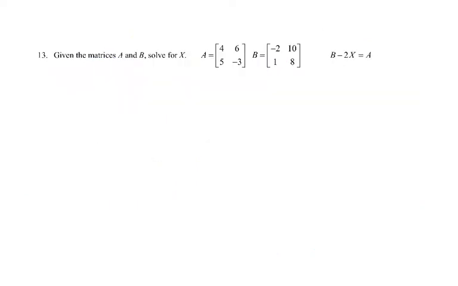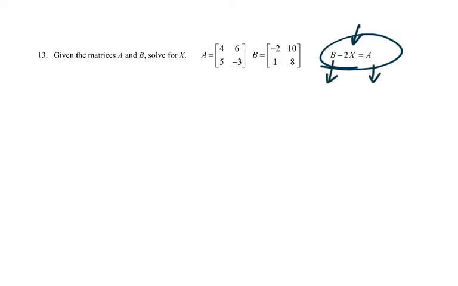Here we have a linear combination. In this linear combination, what we're doing is we're substituting in the values and figuring out what our matrix X has to be in order to make this linear combination true. So I'm going to substitute in my matrices into this equation that's been provided.